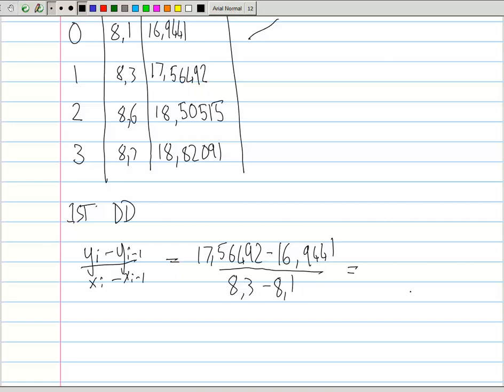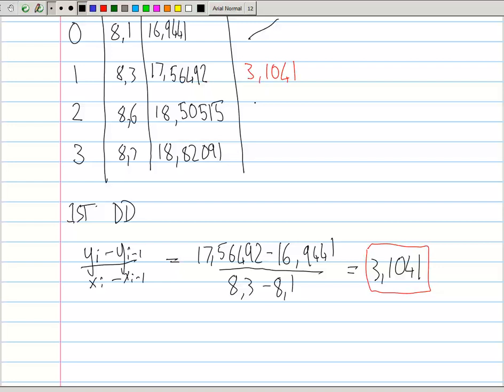And if you run that through a calculator, you should get 3.1041. So I'm going to just circle it like that and put 3.1041.